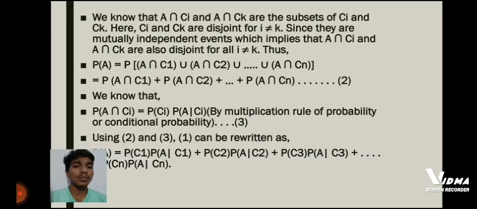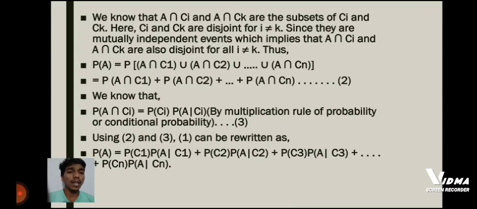So by using 2 and 3, equation 1 is represented as P of A equals P of C1 into P of A by C1, plus similarly P of A intersection C2 can be written as P of C2 into P of A by C2, and P of A intersection C3 can be written as P of C3 into P of A by C3, plus and so on up to P of Cn into P of A by Cn.